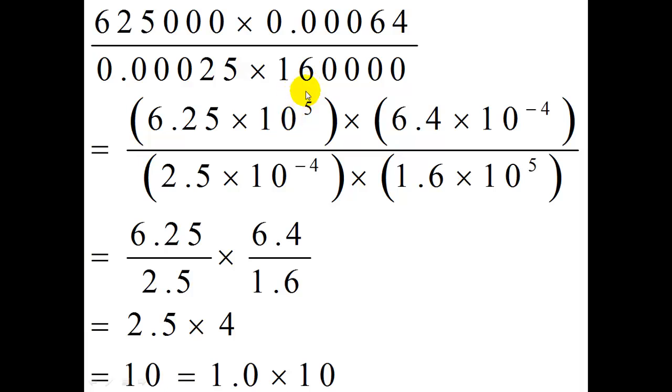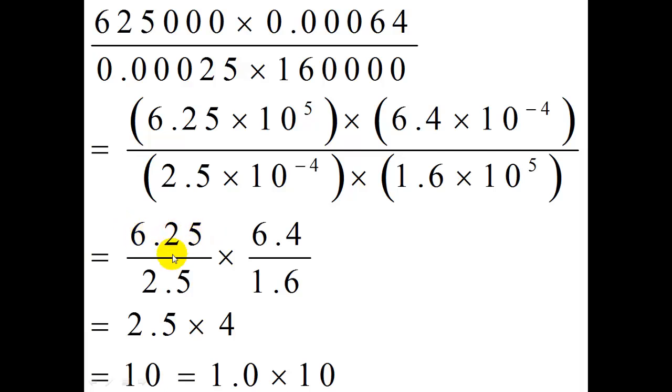Now 10 raised to the power 5 will cancel 10 raised to the power 5, and 10 raised to the power minus 4 will also cancel 10 raised to the power minus 4. So at the end we are left with 6.25 divided by 2.5 times 6.4 divided by 1.6.